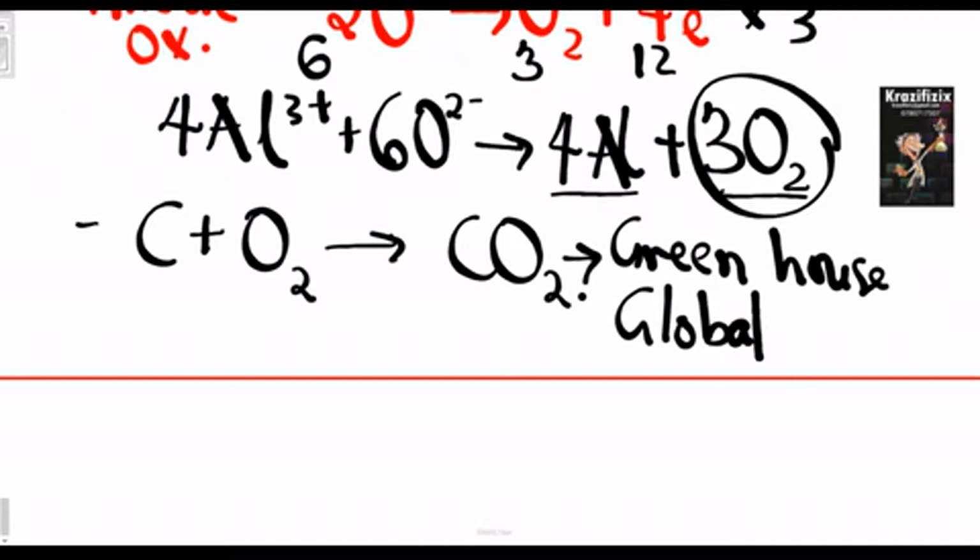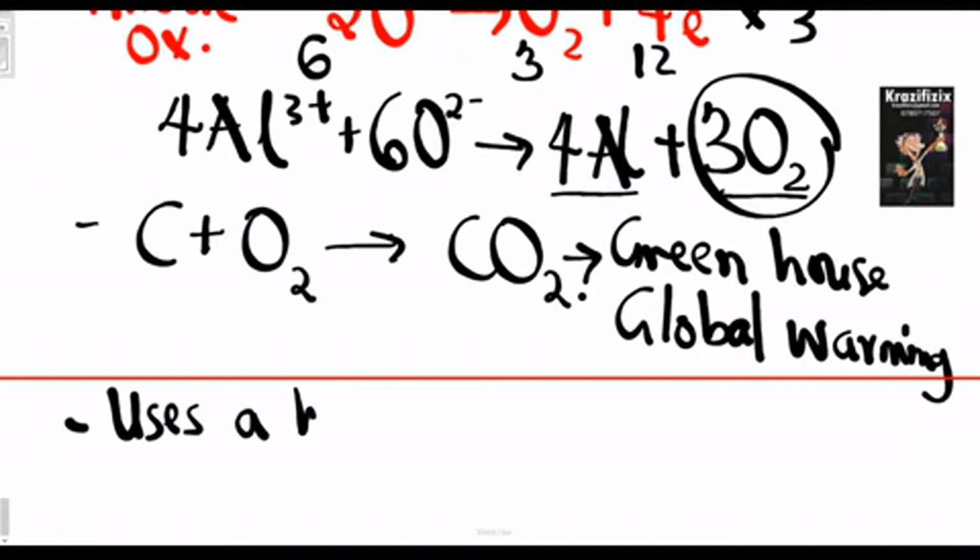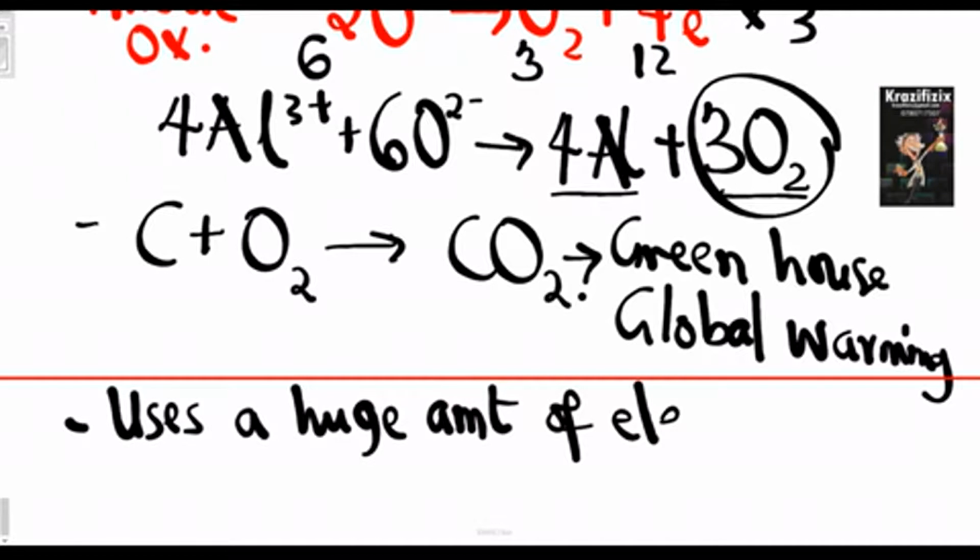Global warming. So this process is quite complicated, and that's why it's good for exam purposes. Still, the process uses a huge amount of electricity because of the melting point. It uses a huge amount of electricity. Is that okay?